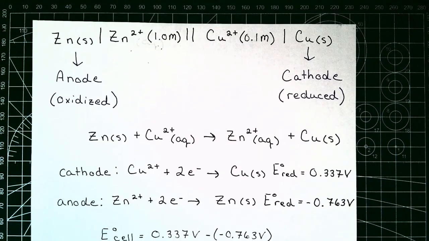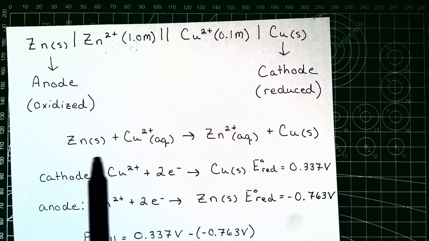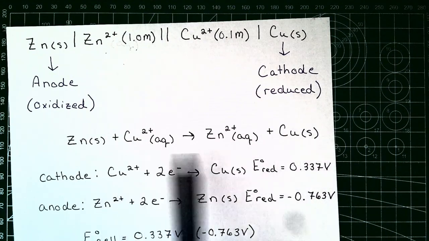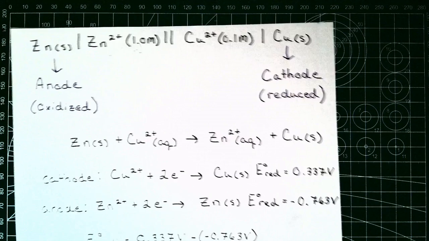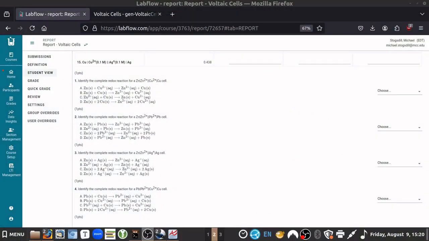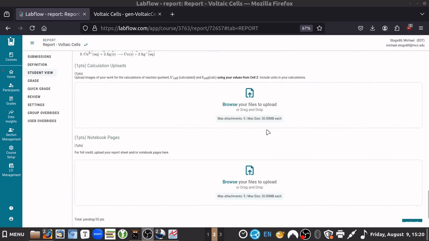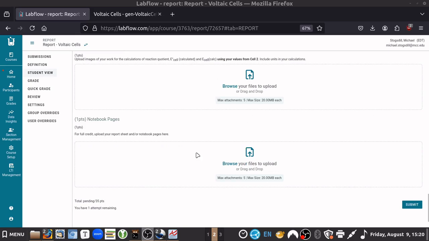So we know that it is this reaction right here, and that it is correct as written. And that's pretty much it. After that, you're just going to upload pictures of your work and your notebook pages, and you can submit.